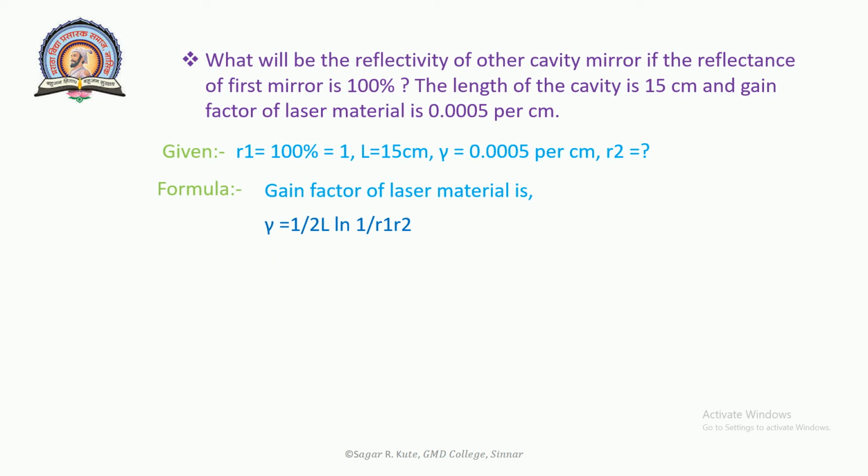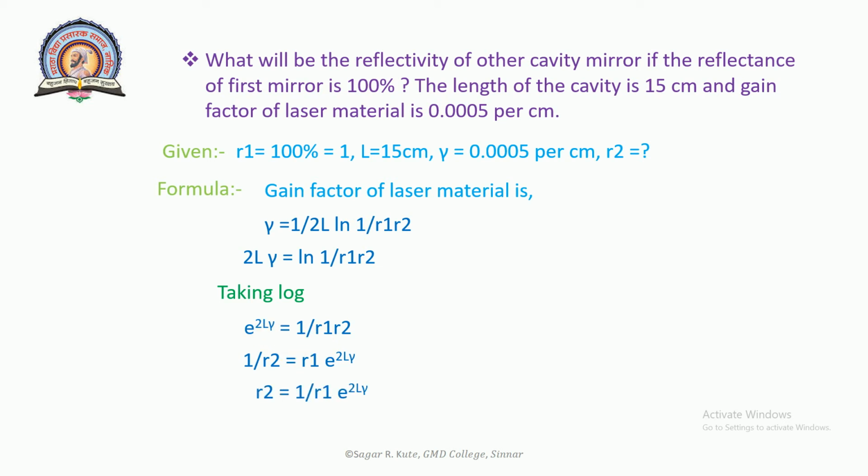Now solving this logarithmic term, taking exponential on both sides, e raised to 2L gamma is equal to 1 upon R1 into R2, that is 1 upon R2 is equal to R1 into e raised to 2L gamma.